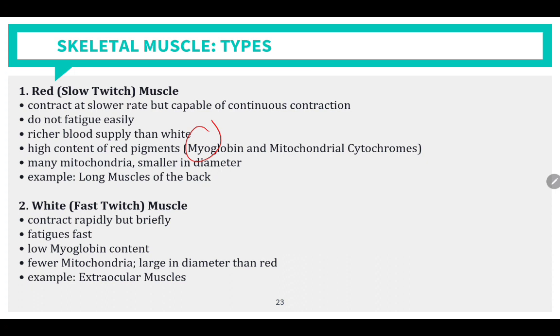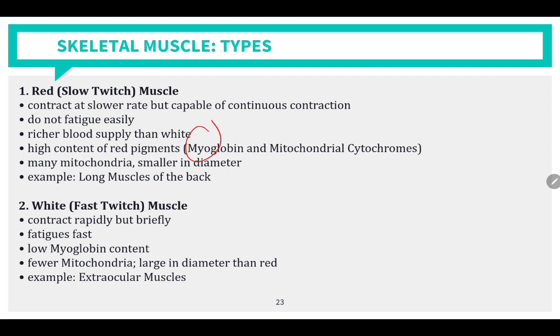It has many mitochondria that are smaller in diameter. An example of red muscle is the long muscles of the back. They contract at a slower rate and do not fatigue easily.